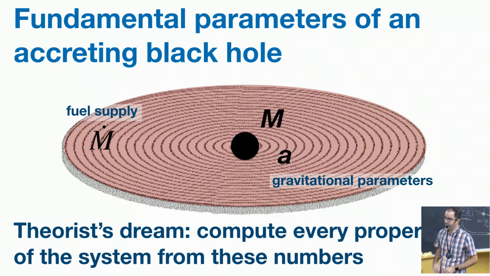These are the main physical parameters that we are working with, okay? It is the theorist's dream to be able to compute every possible property of the system from only these three numbers: the mass of the black hole, the spin of the black hole, and the fuel supply quantified by the mass accretion rate.